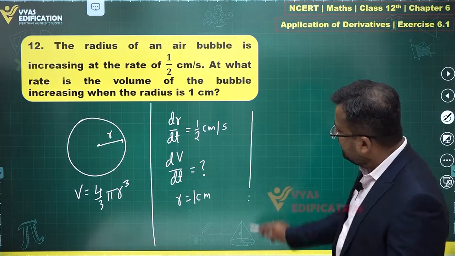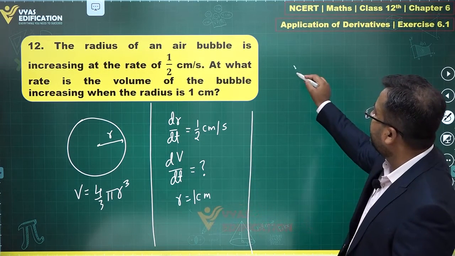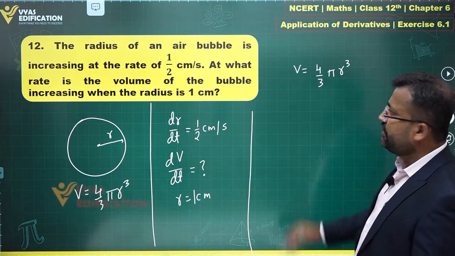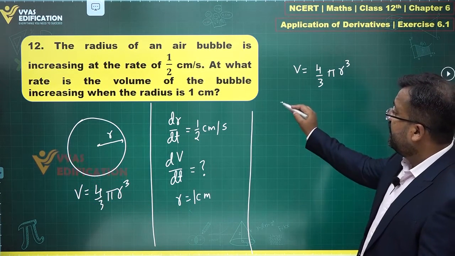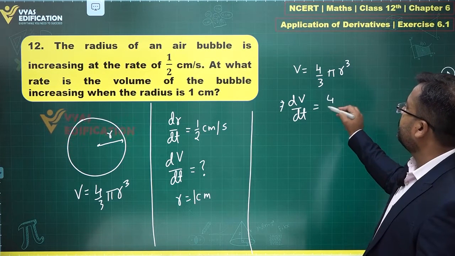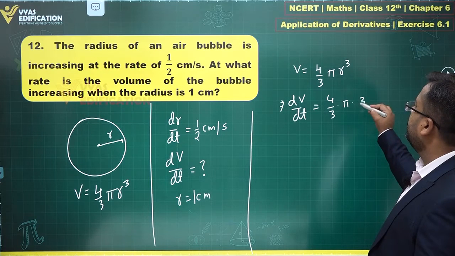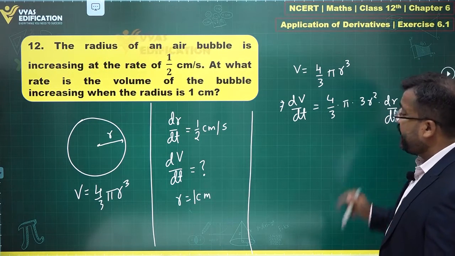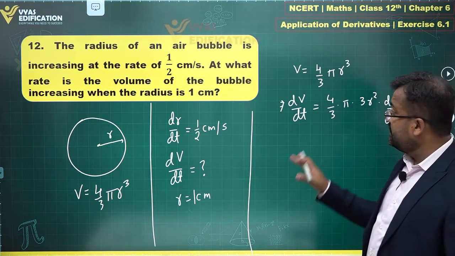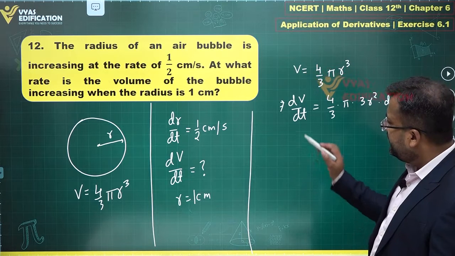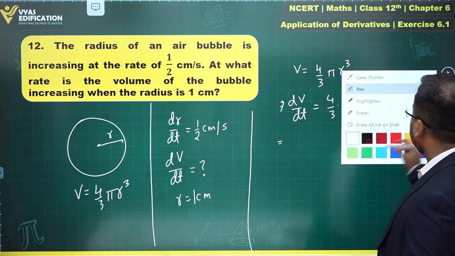Use this information with that formula and you have your solution very easily. We need dV by dt. Let's differentiate with respect to time. This is 4 by 3 pi 3r square dr by dt. That's the derivative of r power 3. We have to apply chain rule since we are differentiating with respect to time. And dV by dt is what we are looking for.